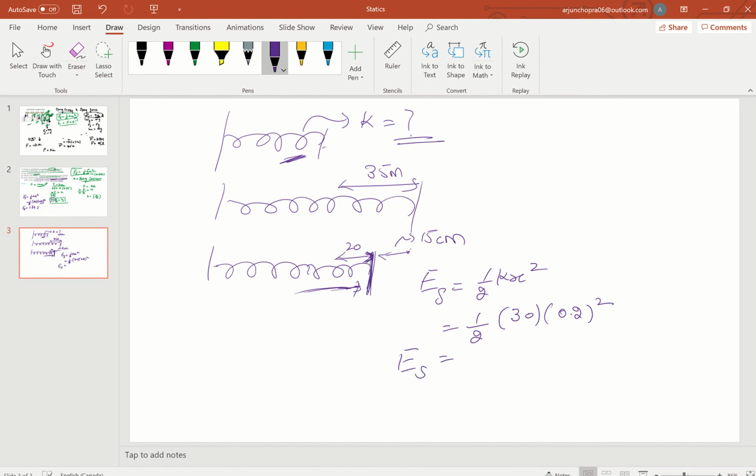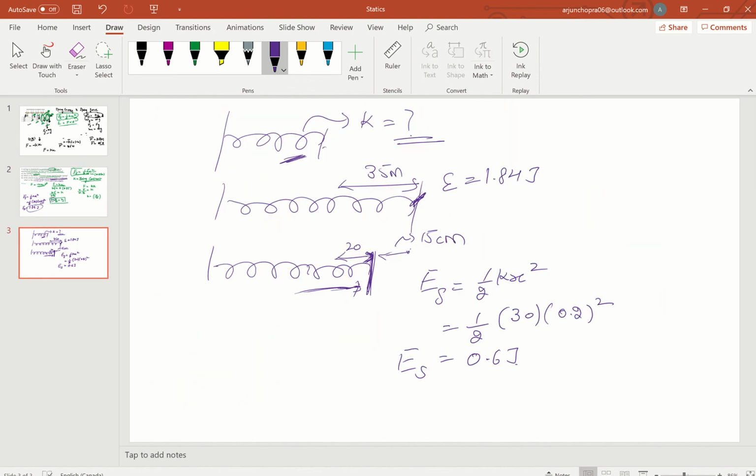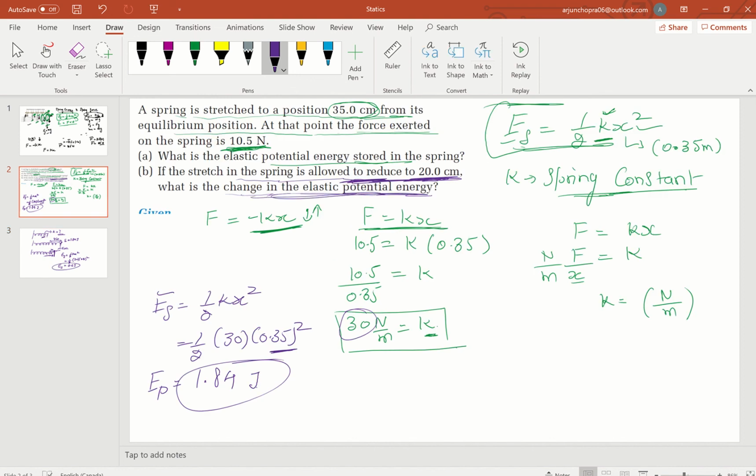If I calculate this, it will come out to be 0.6 joules. When it was stretched to 35 centimeters, the energy stored was 1.84 joules. Now the new value is 0.6 joules, and the question is asking what is the change in potential energy.